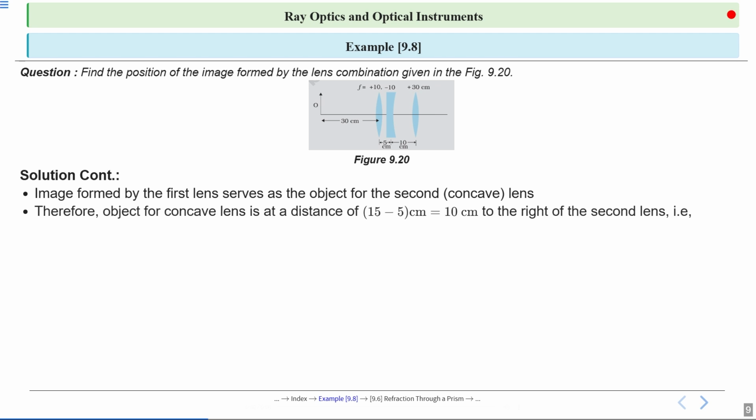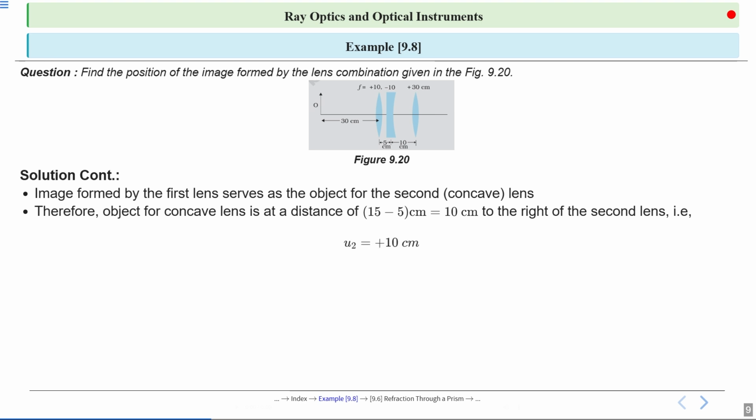Now let's determine the object distance for the concave lens. The object is located 10 cm to the right of the second lens, calculated as 15 cm minus 5 cm. This distance is important because it helps us apply the lens formula correctly.